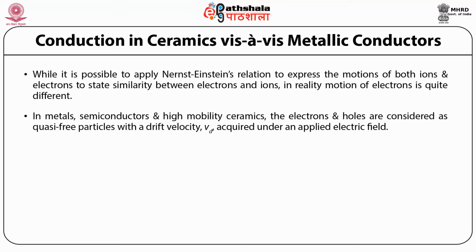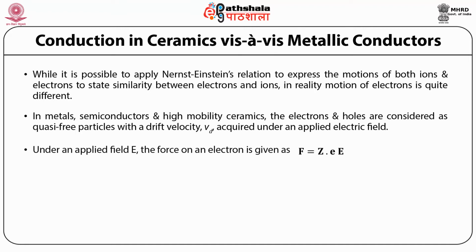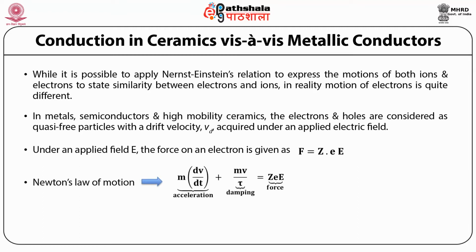The extent of this drift velocity is governed by various scattering phenomena, such as scattering from the lattice. Under an applied field E, the force on an electron is given as F = Ze E. In such conditions, the drift velocity increases in such a manner that it is expressed by Newton's law of motion.